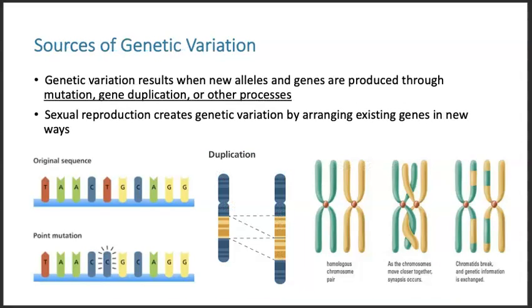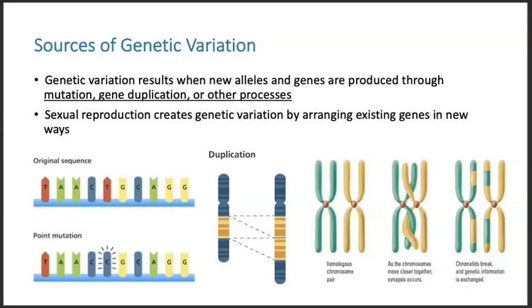Now, this is a little bit of a review. Genetics is, of course, absolutely important, and when you have a new allele through mutation, this could also happen through gene duplication. It could also happen through crossing over, right?